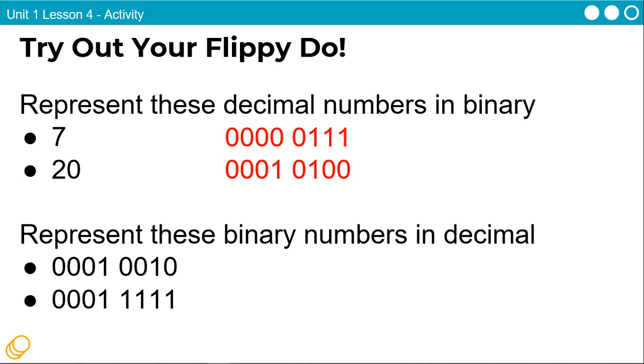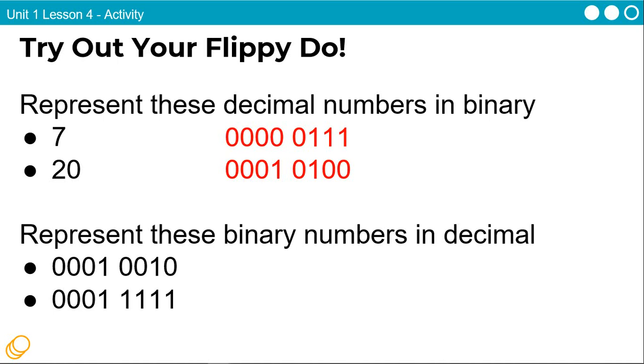We go to the next place. 2 is less than 3, so we can represent a 2. So we put a 1 there, and take the 2, subtract it from 3, and that gives us 1 left. So the 1, yes, we can represent 1. So 1 minus 1 gives us 0.